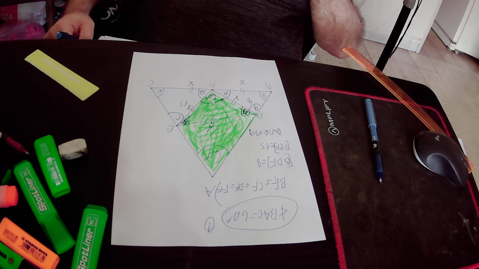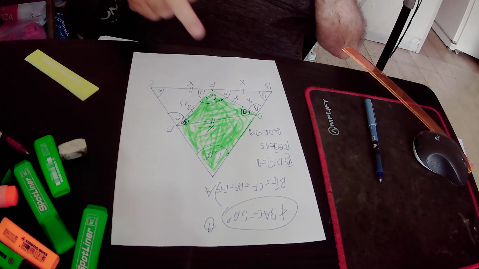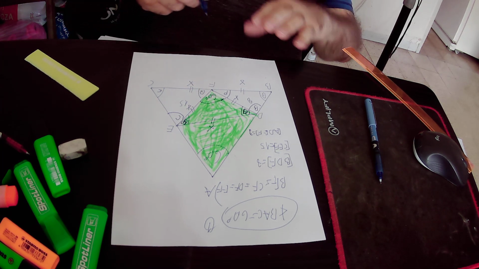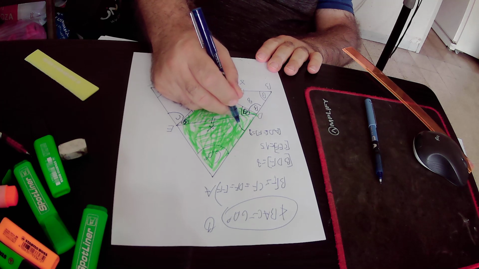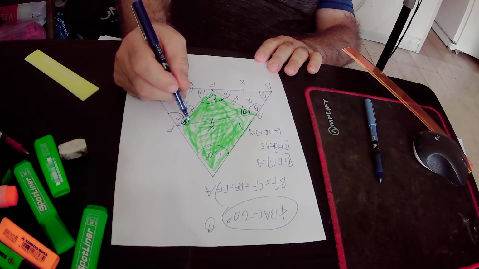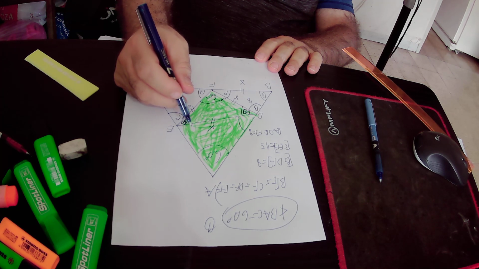So in the next step, we will focus on triangle ADE, and we will find out the size of those two angles, angle ADE and angle AED.